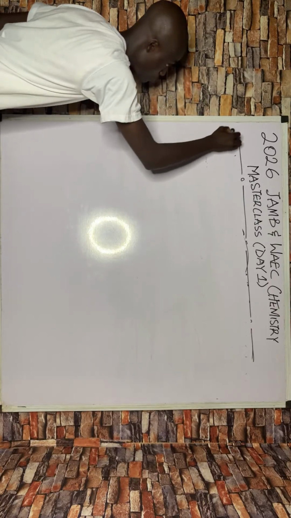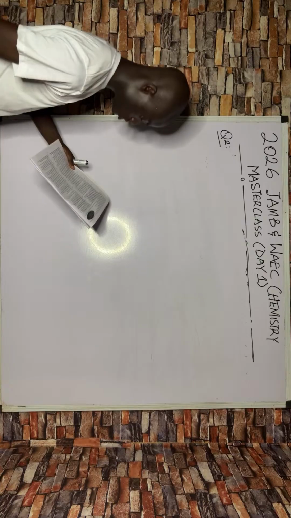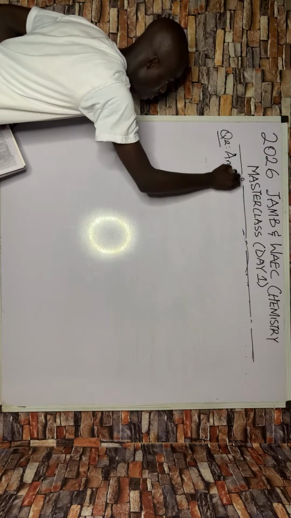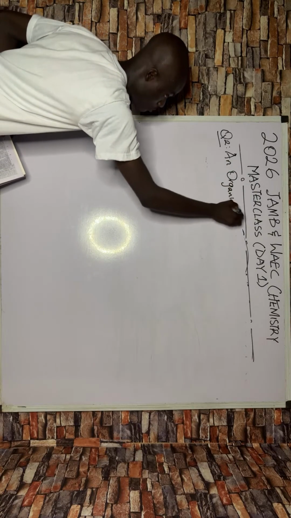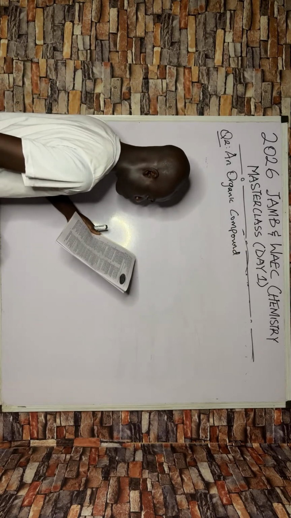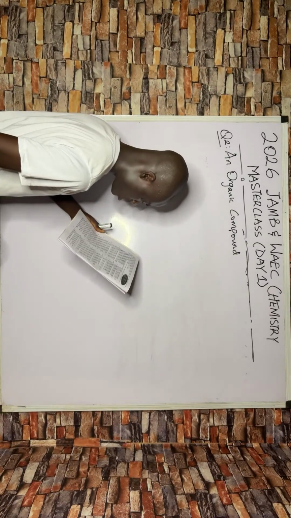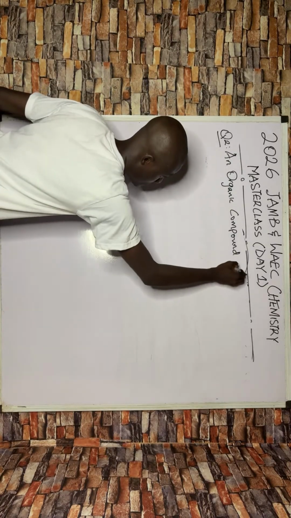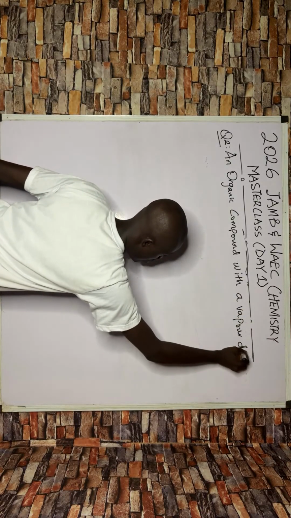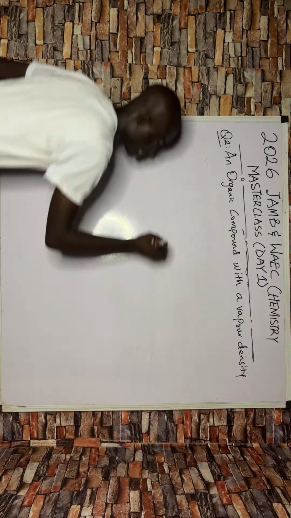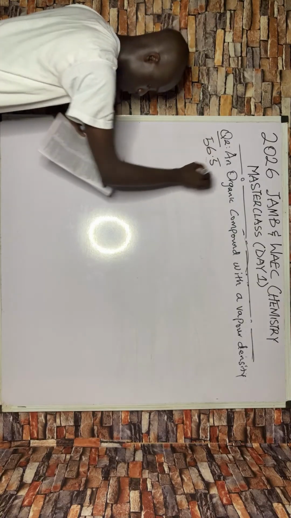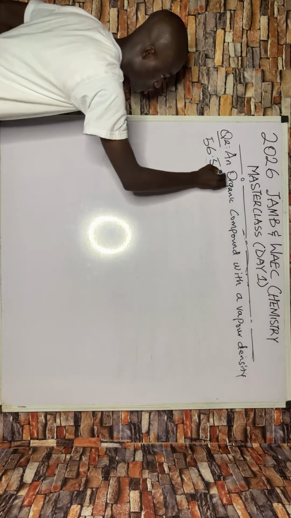Question 2 says that an organic compound with a vapor density 56.5 has the following percentage composition.